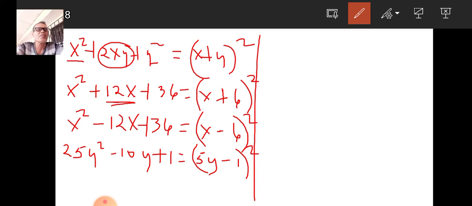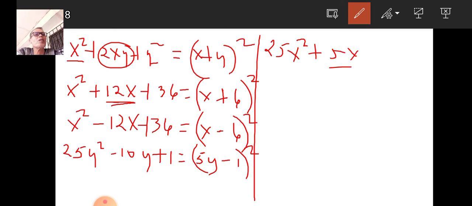Next, for example, if you have 25x squared plus 5x over 2 plus 1 over 16.